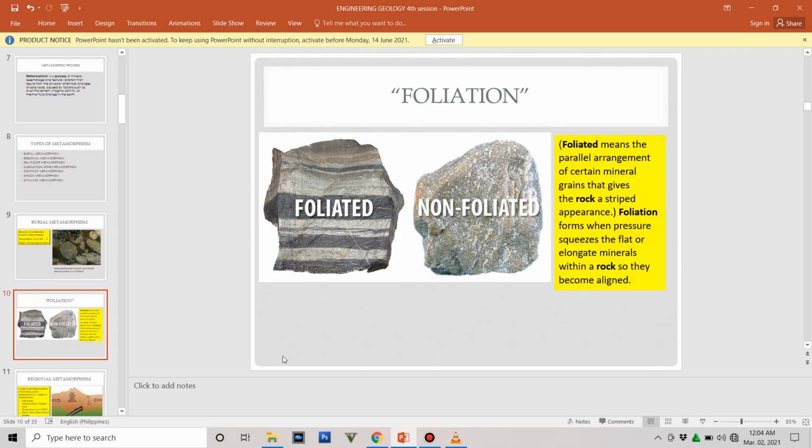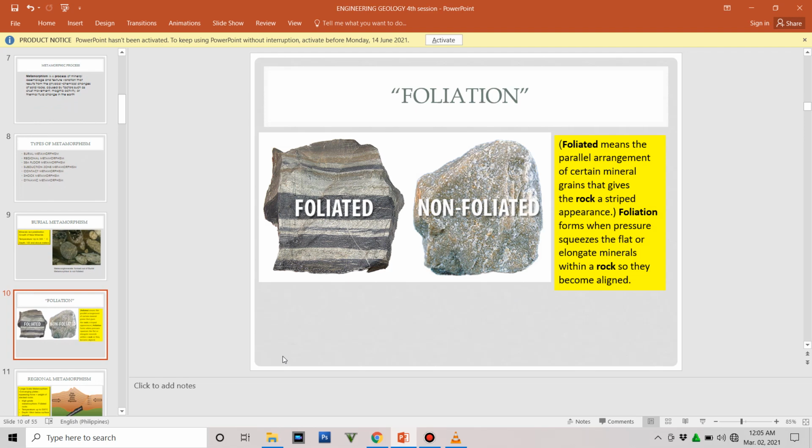So this is where I'm going to explain the meaning of foliation. As we can see, in foliation, there is a concentration of minerals. There is an assembly of minerals because of high temperature and pressure. While in non-foliated rocks, the grains are not parallel.